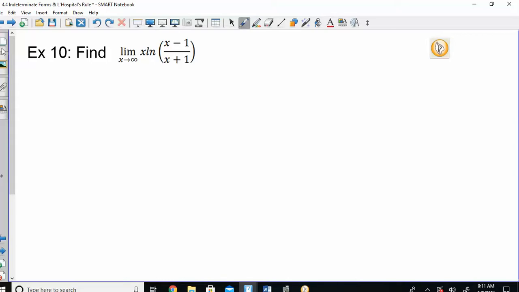So I have the limit as x approaches infinity of x times the natural log of (x minus 1) over (x plus 1). If I plug in infinity, we get infinity times, okay, this natural log we're going to have to think a little more about. We can't just do infinity over infinity.